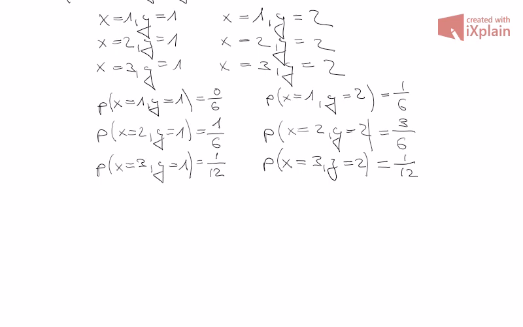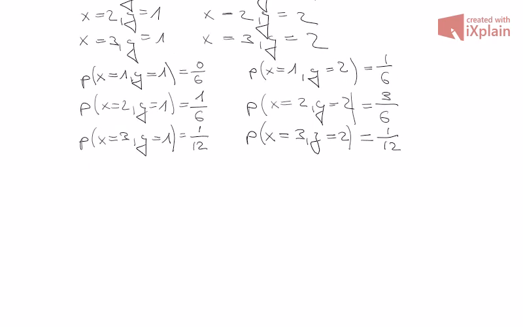So we have 0 over 6 plus 1 over 6 plus 1 over 6 plus 3 over 6 plus 1 over 12 plus 1 over 12.